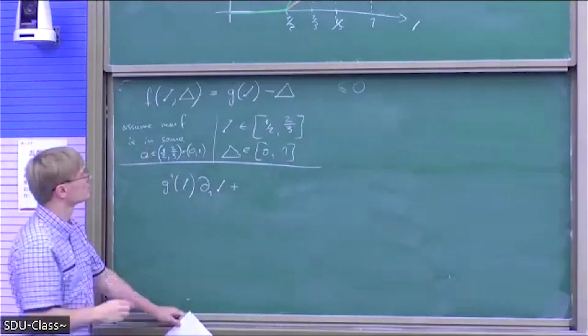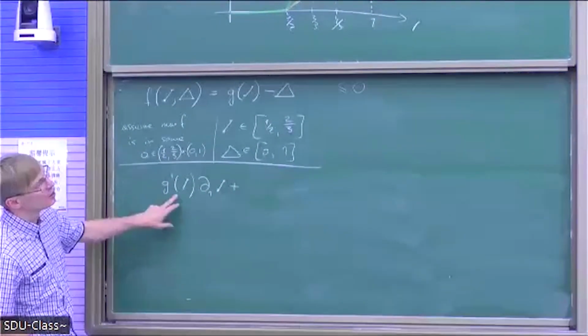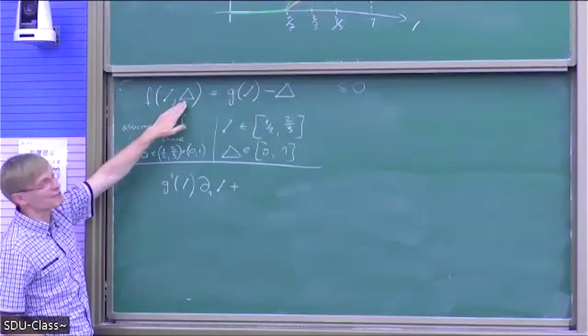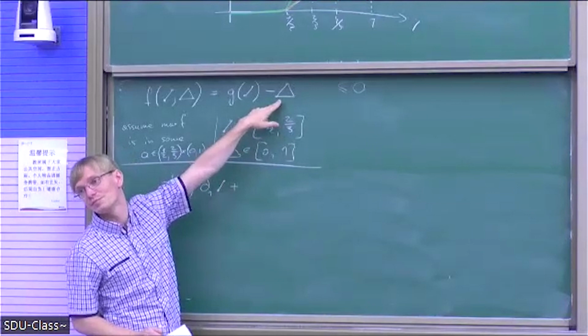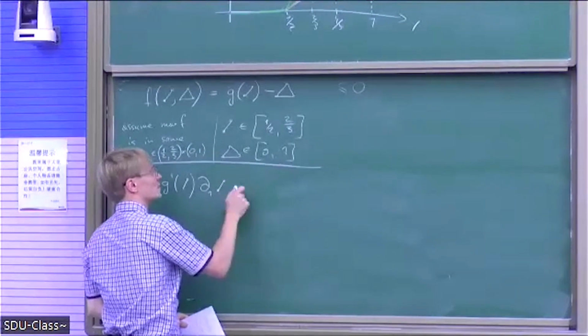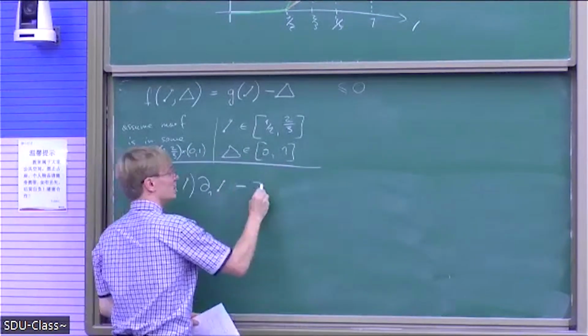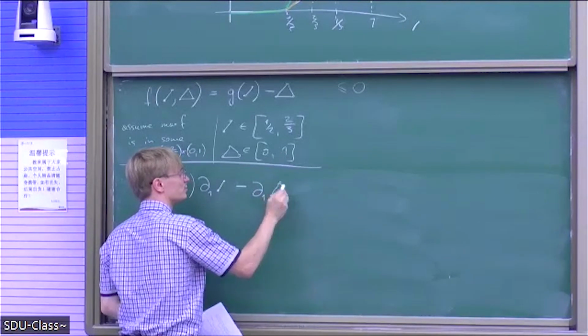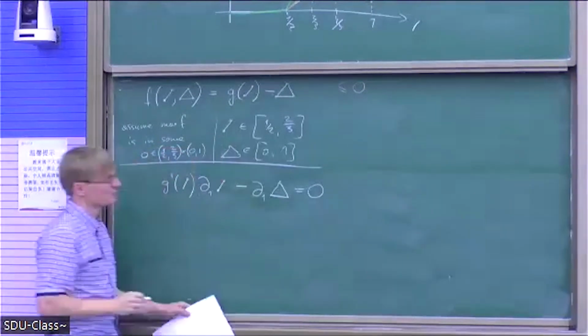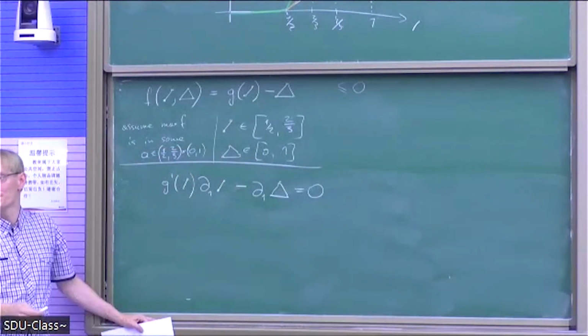Then I have partial derivative over triangle. Partial derivative of this on the triangle is just -1. It's minus, and then this derivative of the triangle. And this is. Yeah, you agree?